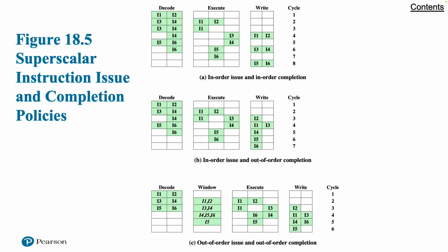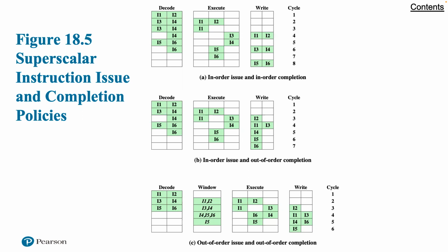Not every scalar pipeline follows such a simple-minded policy. However, it is useful to consider this policy as a baseline for comparing more sophisticated approaches. Figure 18.5a gives an example of this simple policy. So it's showing an in-order issue and in-order completion.